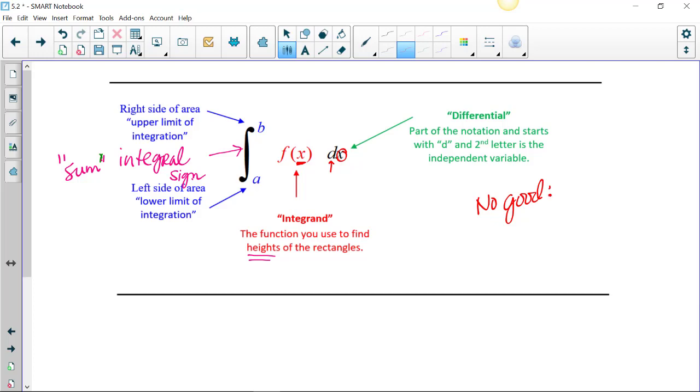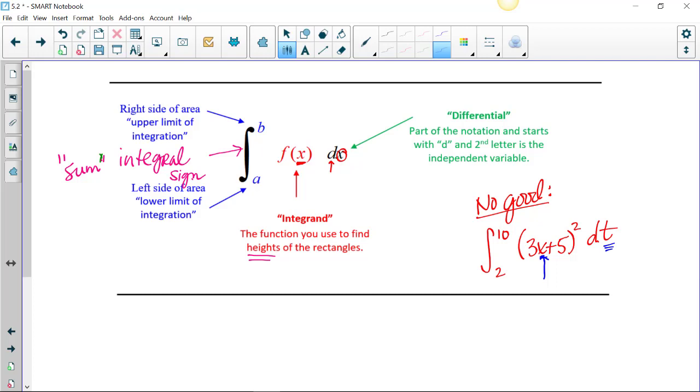This is a bad problem if someone says, find the integral from 2 to 10 of the function (3x plus 5) squared dt. Okay, problem. Here in the function, my independent variable is x. This should be an x. So they always have to match.